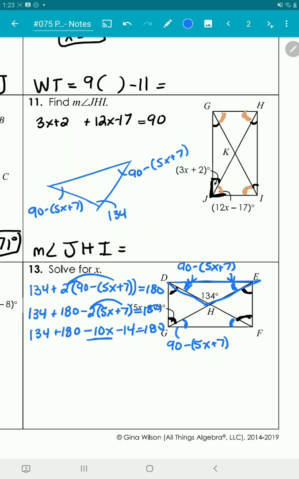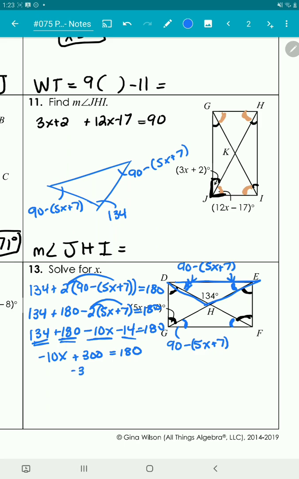Let's see how many x's we got. Looks like we only have this negative 10x. Then we have 134 plus 180 plus this negative 14, and that's going to give us plus 300 is equal to 180.